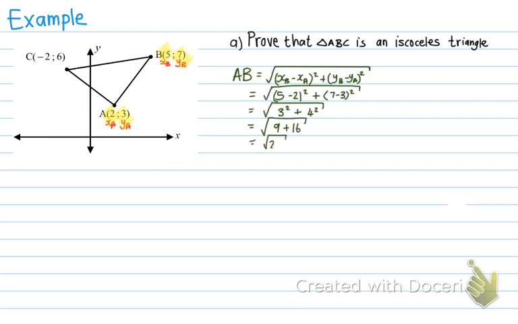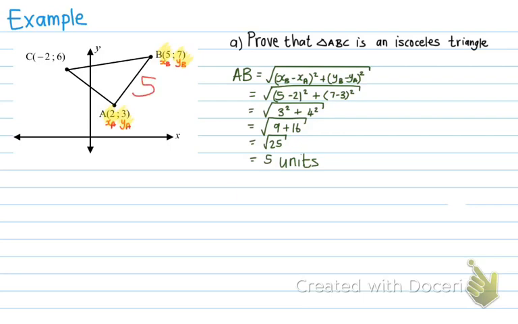The square root of 25 is 5 units. I always put units there because they don't give me centimeters or meters, so I just put units. Okay, so now I have the length of AB, which is 5.